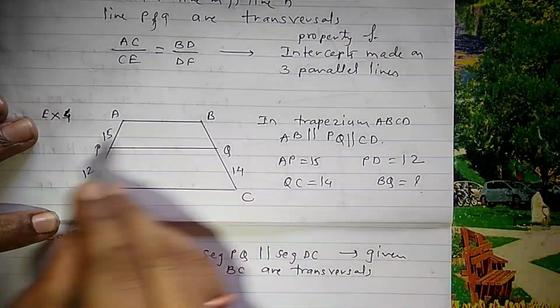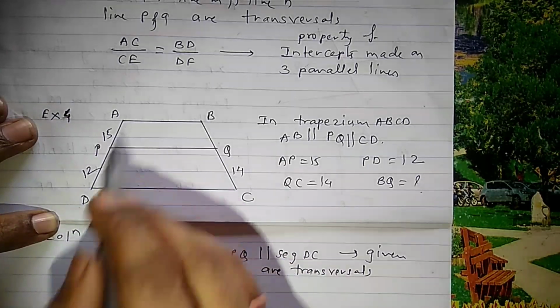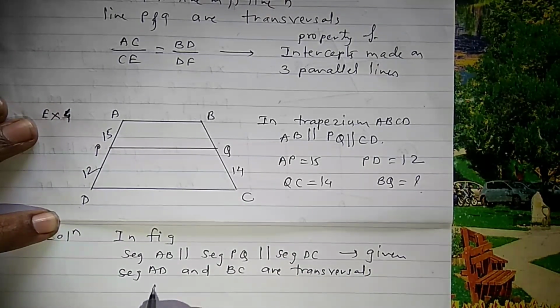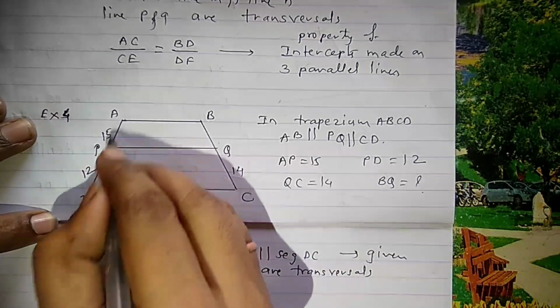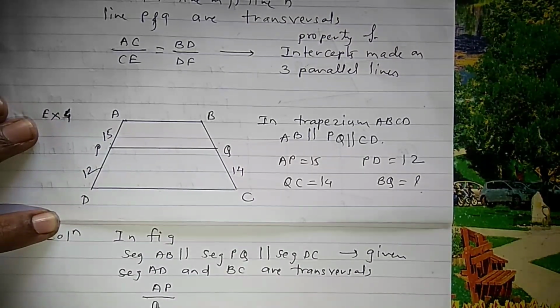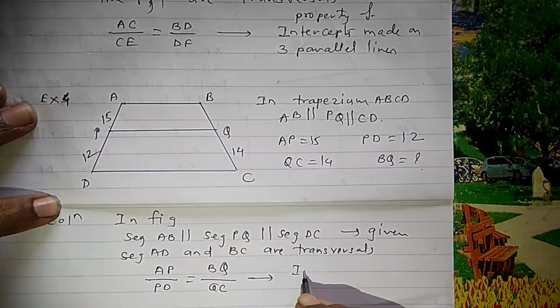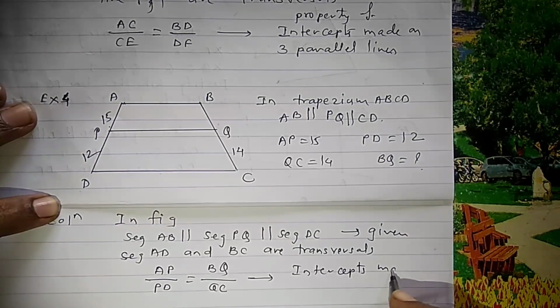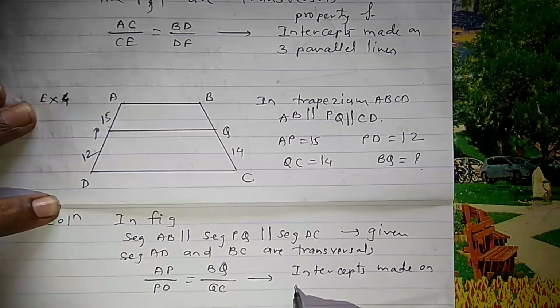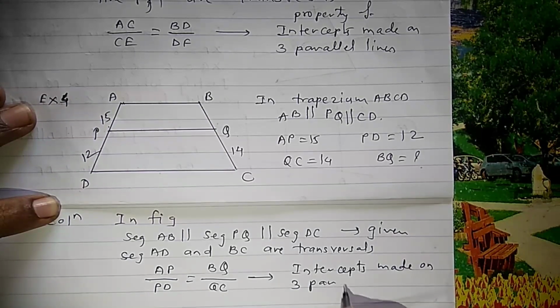So since 3 parallel lines are given, I will use intercepts made on 3 parallel lines, that is AP upon PD is equal to BQ upon QC. Reason for this is the property of intercepts made on 3 parallel lines.